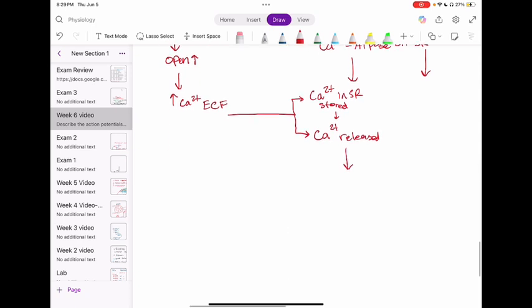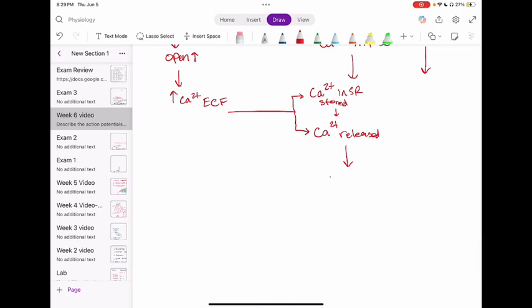Calcium has a huge impact on the heart, as the heart is a muscle, so we have more forceful contraction.